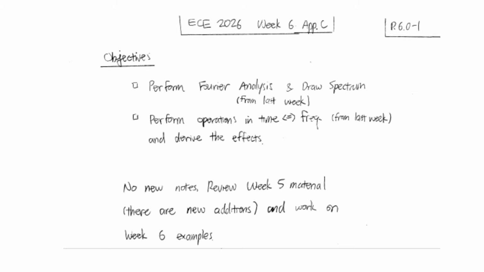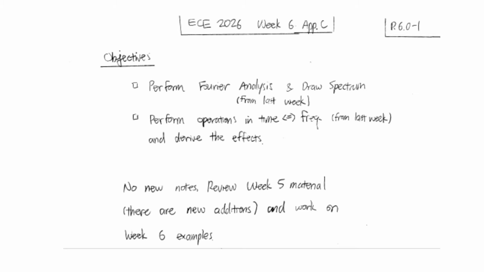So again, moving on to the new stuff, I just wanted to really quickly review that Fourier analysis process that we did last week. We're going to do a worst case scenario problem for method 1 so that hopefully all the other problems that you'll see will feel like relatively solid ground.